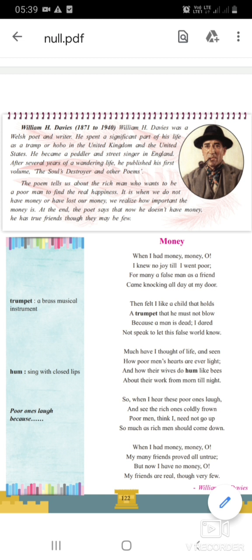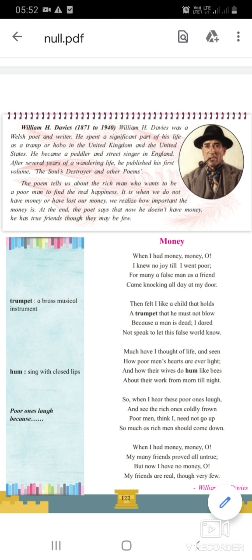Now, let's turn to the fifth stanza and first line. When I had money, money, oh. Two figures of speech are there, that are repetition and apostrophe. Of course, the same figures of speech are there which we have learned in the first line of the first stanza.